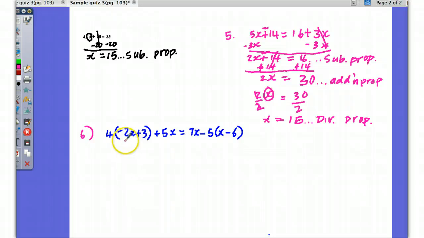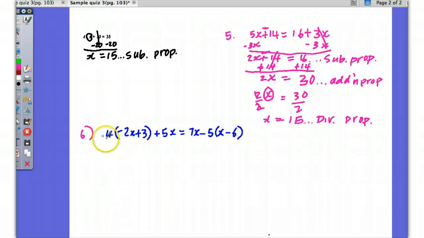And I've got another one here which is fairly long. I'd like to do that one with you before stopping this, and you can watch it on Edmodo. So whenever you see parentheses, it means that that's what you're going to do first. So I'm going to take the positive 4 and multiply it by everything in the parentheses here.